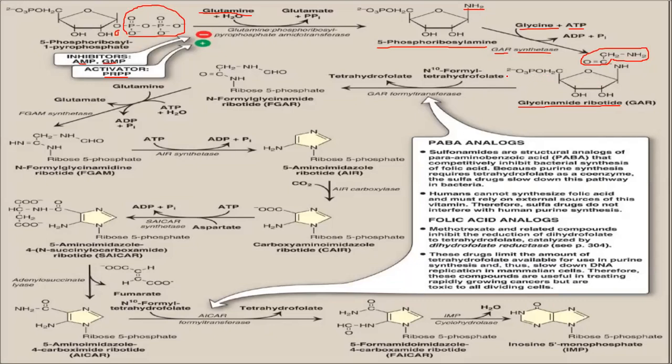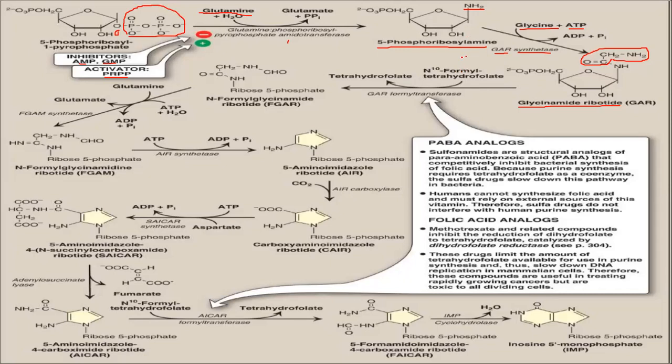Then the next reaction, after attaching this, I can call it the third reaction, because the committed reaction was the first. So it can be step number 1, step number 2, step number 3 here. In step number 3, we bring in a formyl group. How does a formyl group look like?